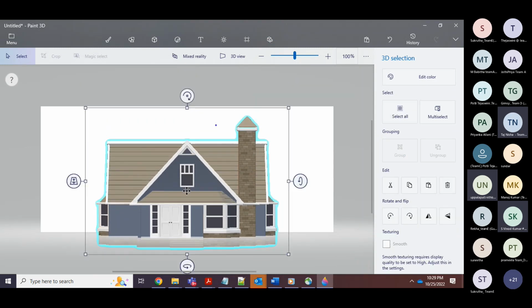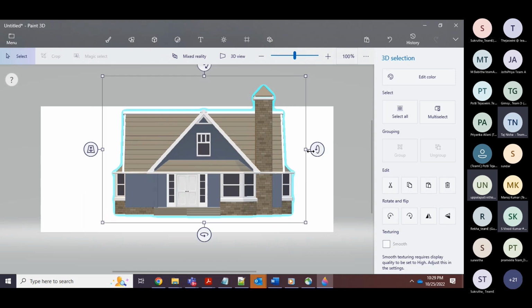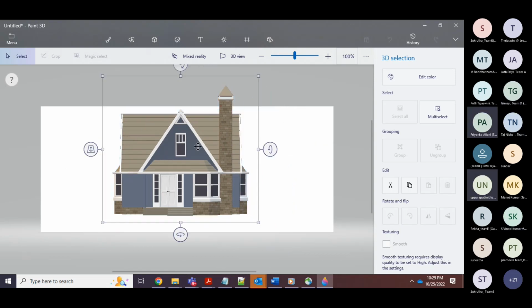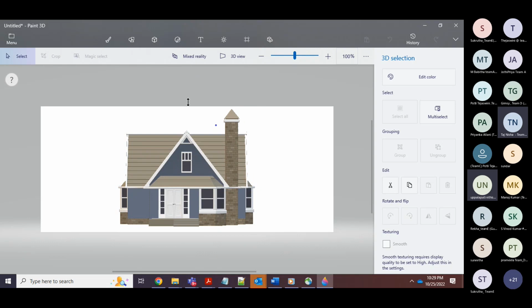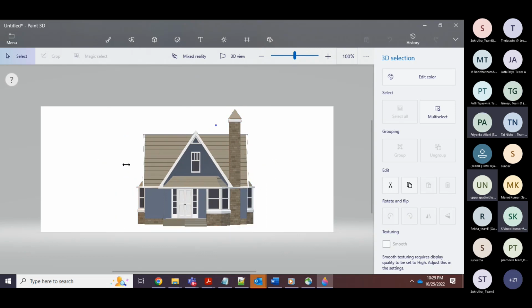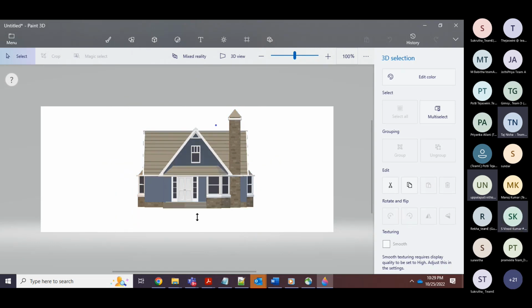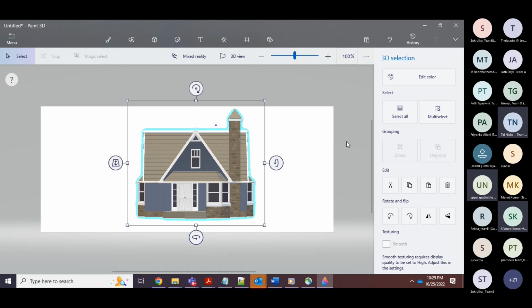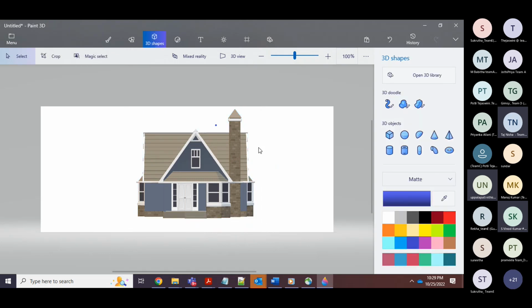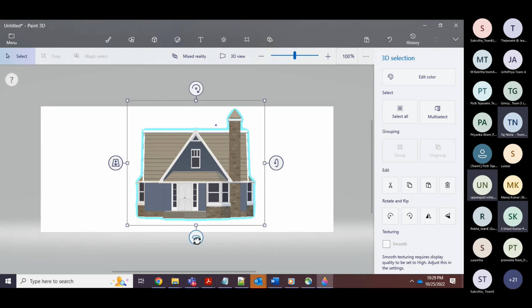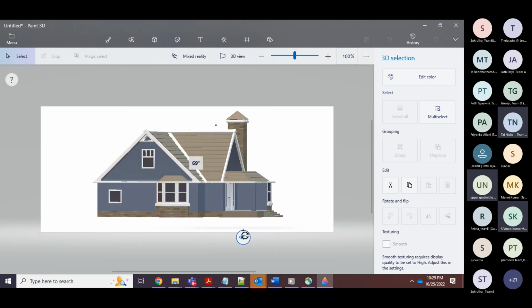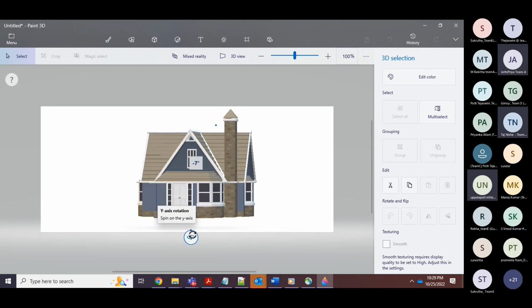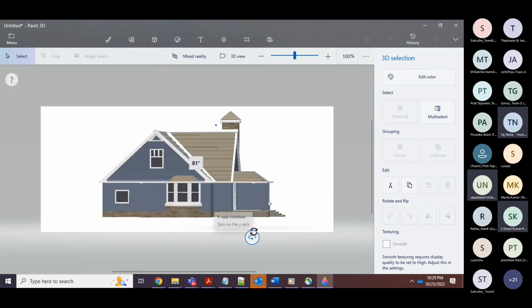Does everyone know this picture? Yes, sir. Very good. In our childhood, if anyone asked us to draw a picture, we used to draw a house, right? I will show you this house in all directions.